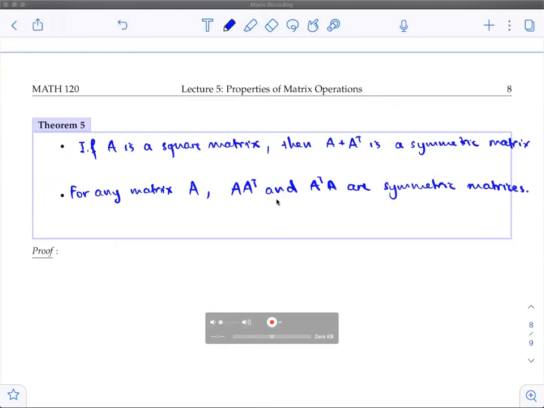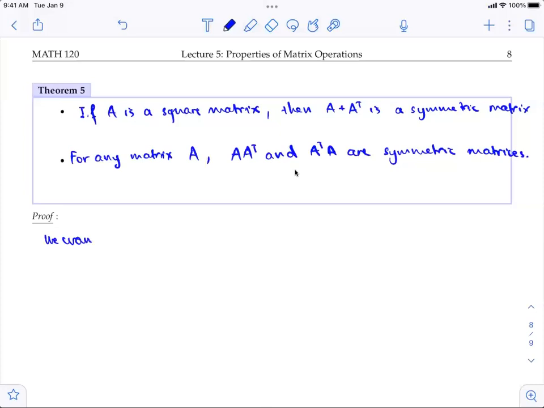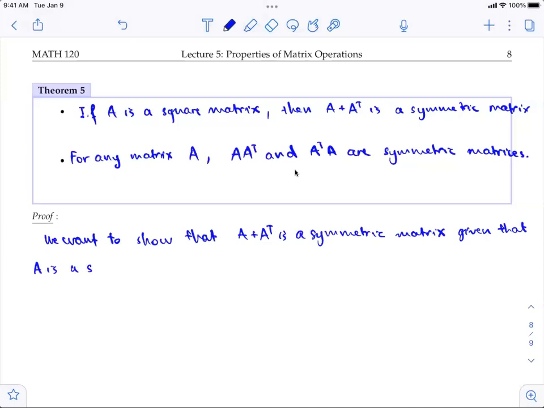For the first statement, we want to show that A plus A transpose is a symmetric matrix, given that A is a square matrix. So now we have the assumption that A is a square matrix.